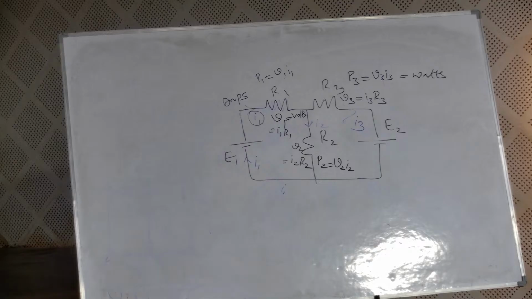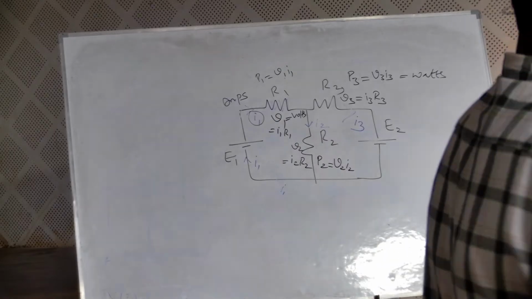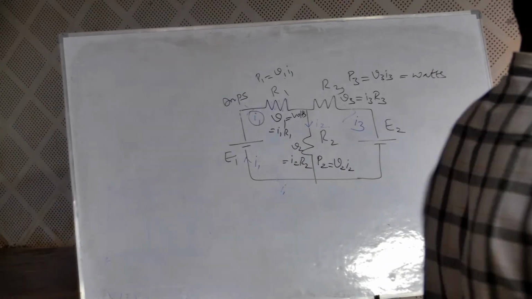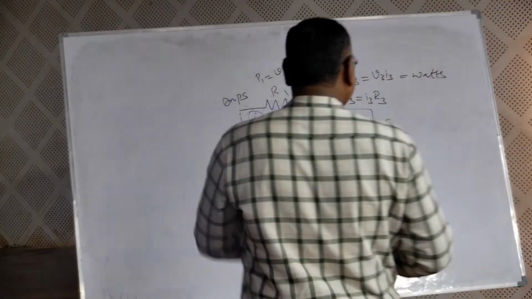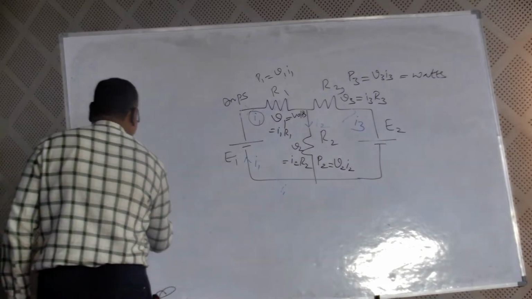So, mesh method and nodal method. Now, how to get small i1? First, the mesh method. Mesh method means loops. How many meshes are there? Two meshes.